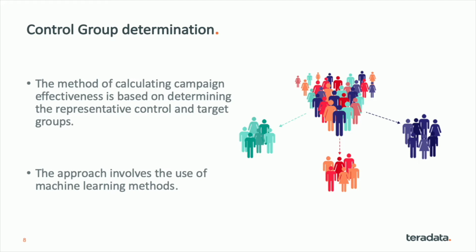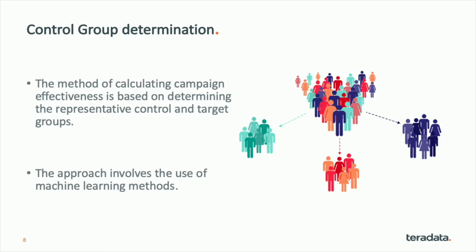How do we do it? First of all, we select the target or control group randomly. When we have enough subscribers to train the model, we do clusterization, and we have several clusters of subscribers with similar attributes.